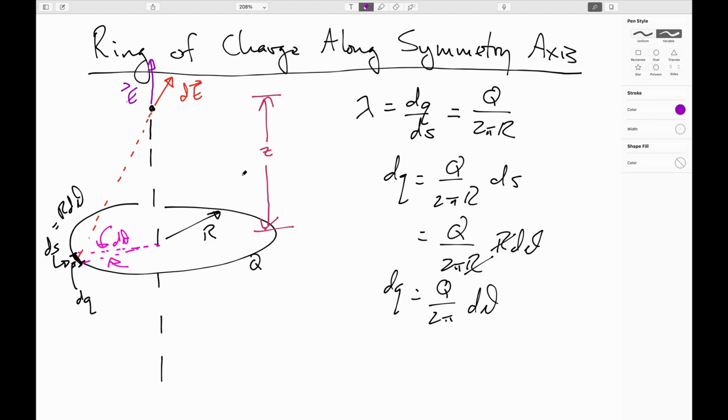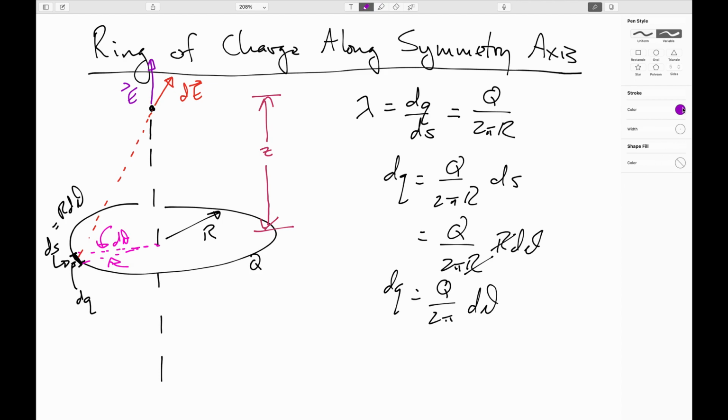All right, so again, it's going to be the same game. I recognize that the electric field will be equal to the z component of the electric field. So all I need to add up are the z components due to each of these differential contributions.